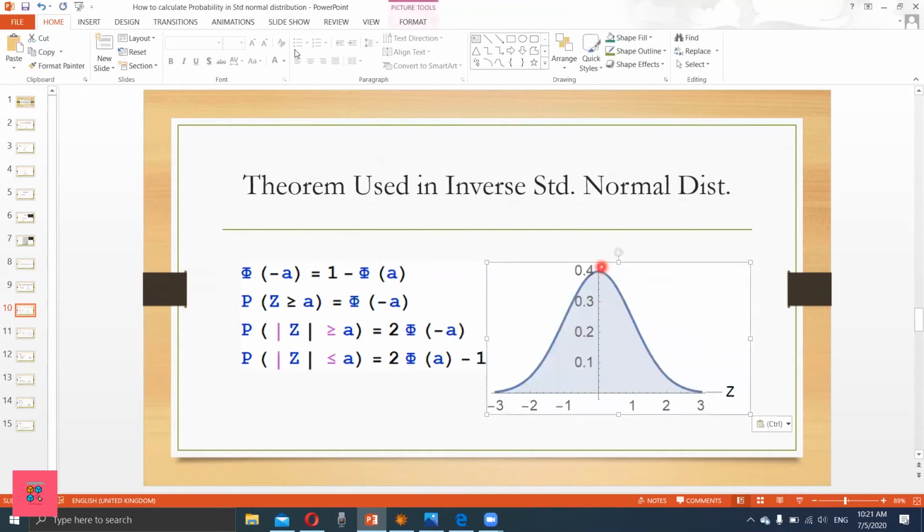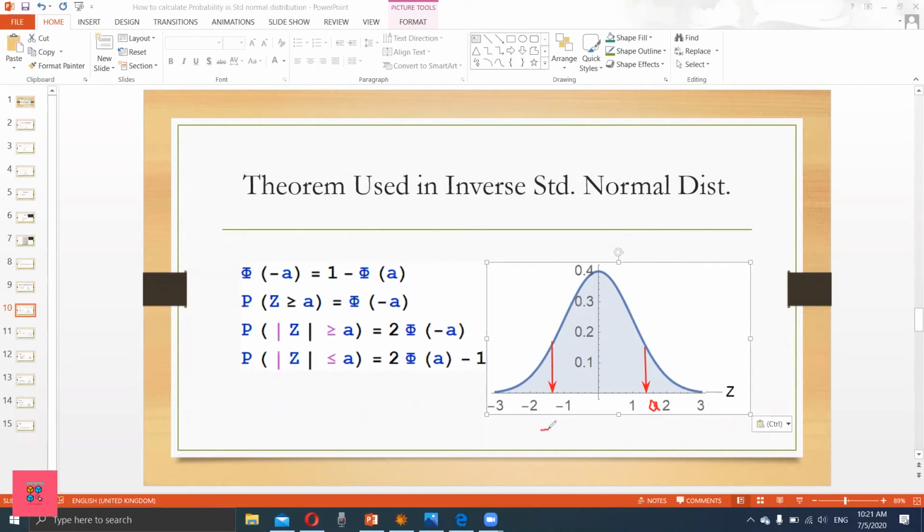If we look at 2 points on the number line, one point is on the left tail and one point at the same height on the right tail. The right point is called a, and the same point on the left side is denoted by minus a.